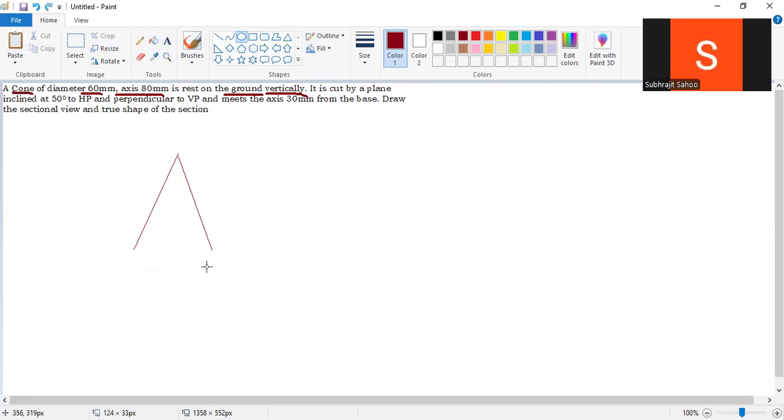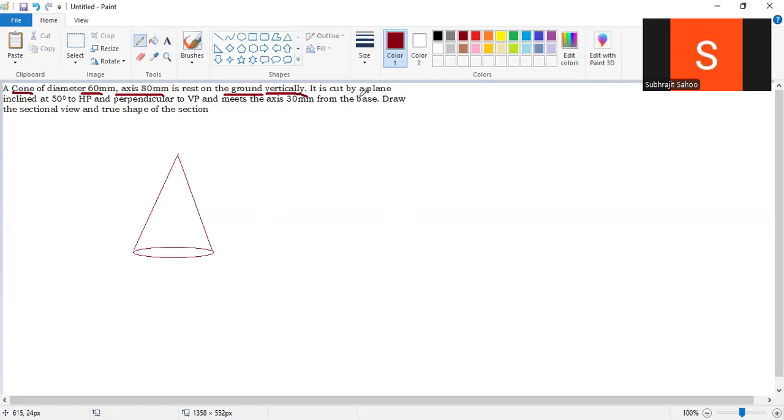So this question is talking about a cone having diameter 60, axis height 80, resting on the ground vertically, on HP. First part is this much. The second part is important.